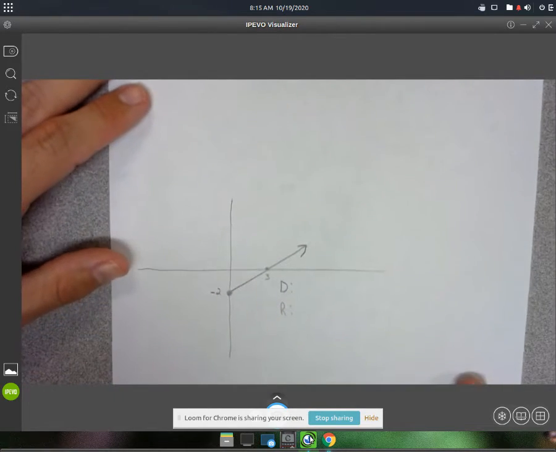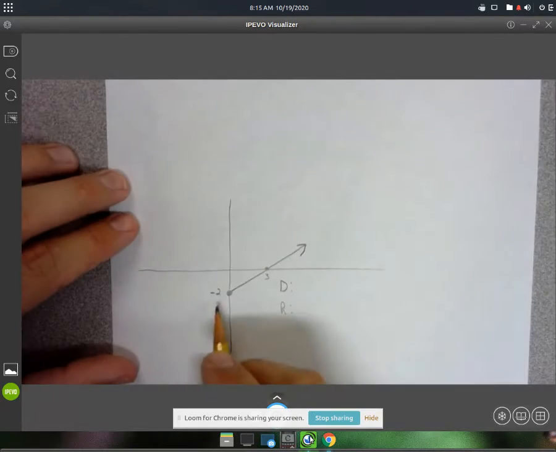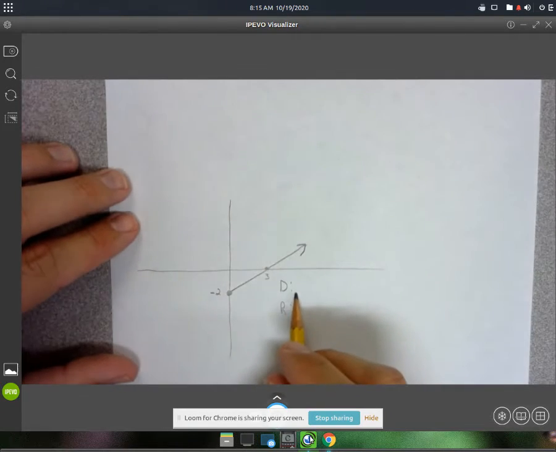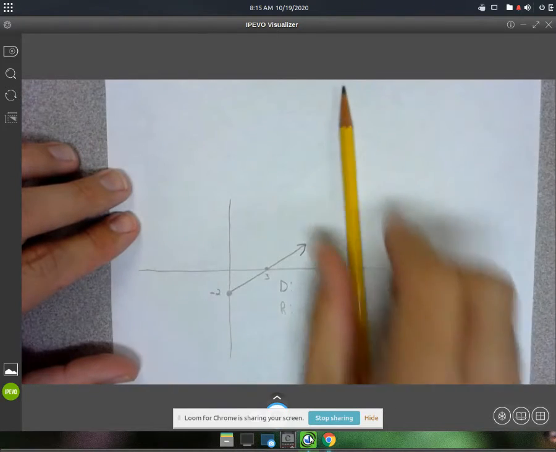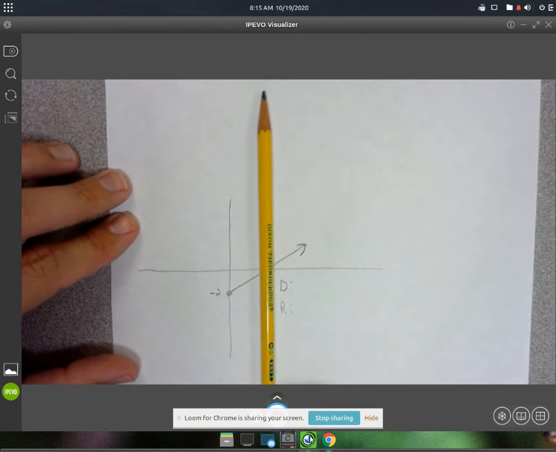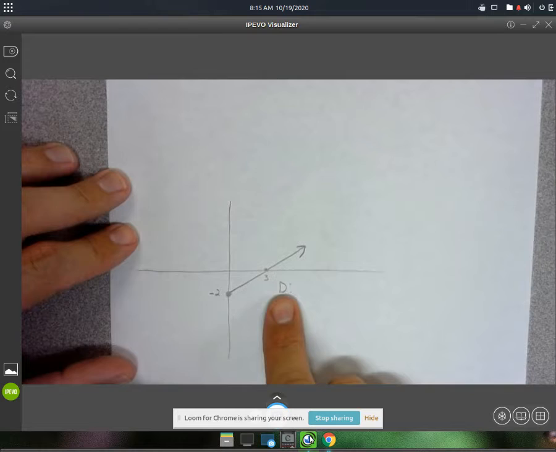All right, let's look at this graph here. So the domain is asking for the list of inputs. Another way to think of the domain is how far left and how far right it goes. The furthest to the left that this function goes is right here. Now these are the inputs, or the x values.